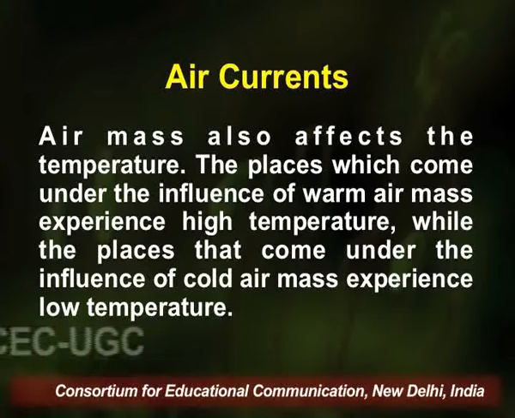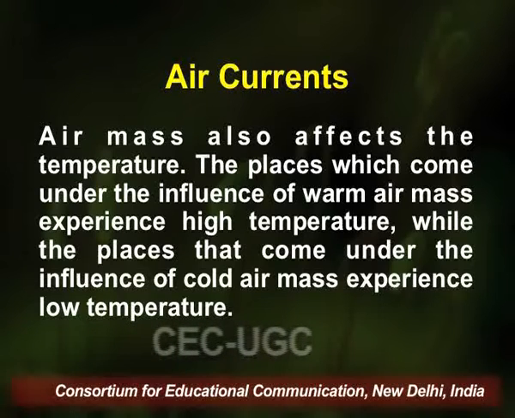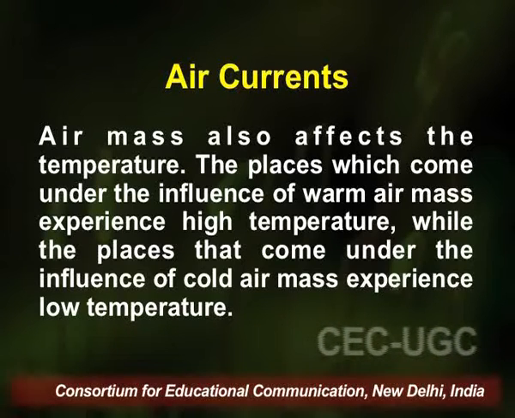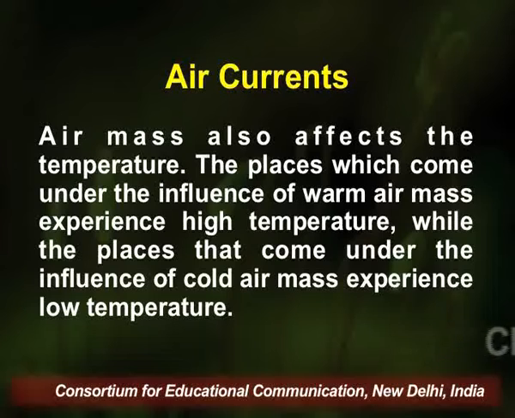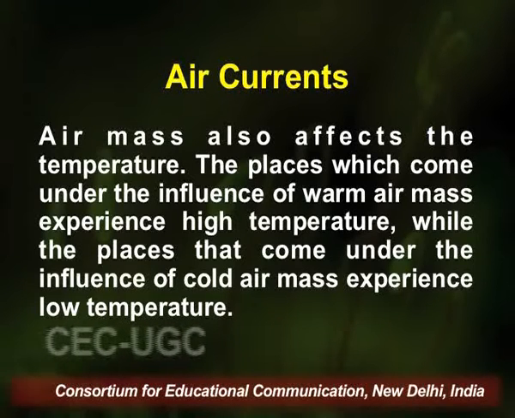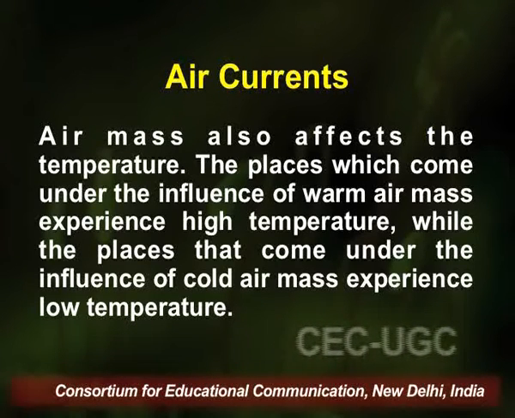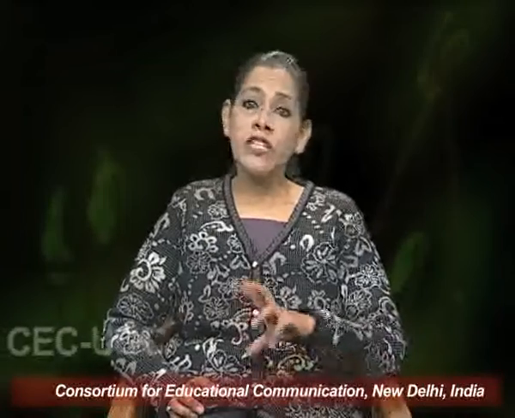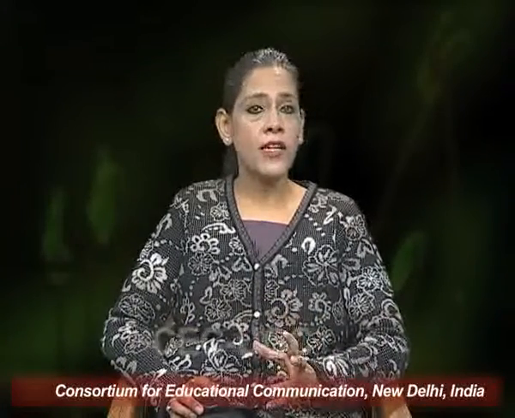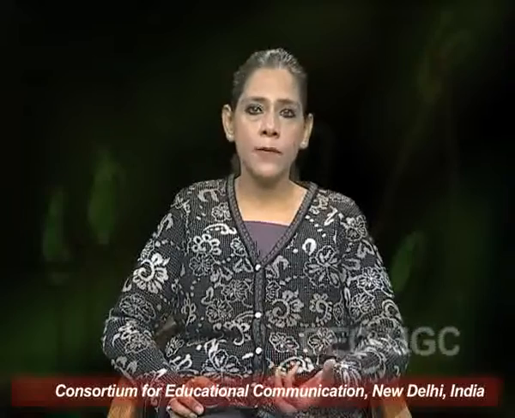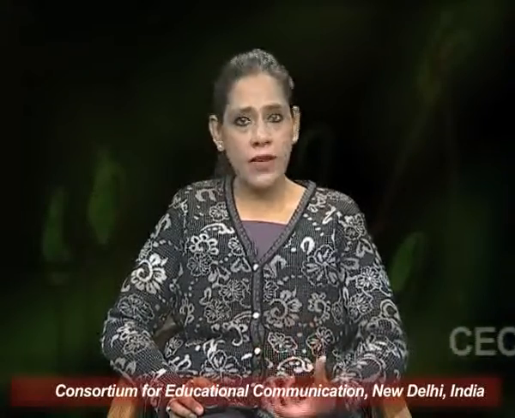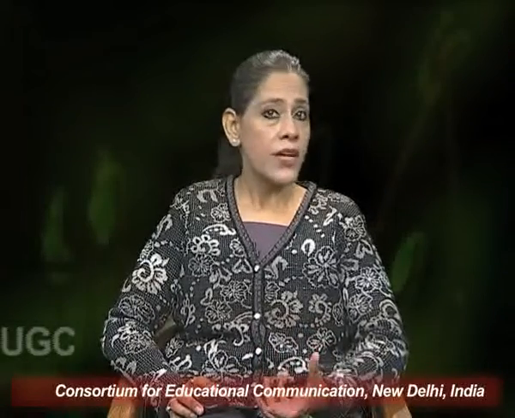The places which come under the influence of warm air mass experience high temperature, while the places that come under the influence of cold air mass experience low temperature. Now vegetation cover also brings in variation in temperature in a particular area.